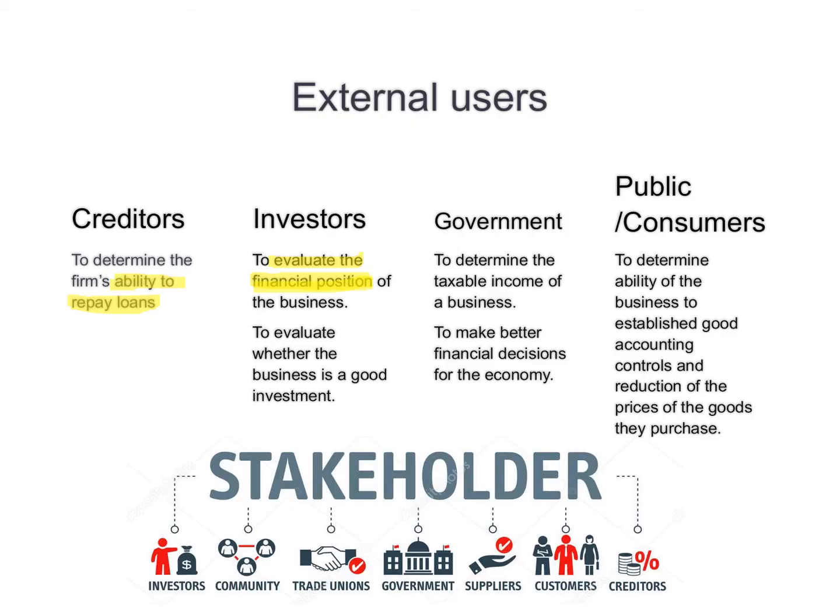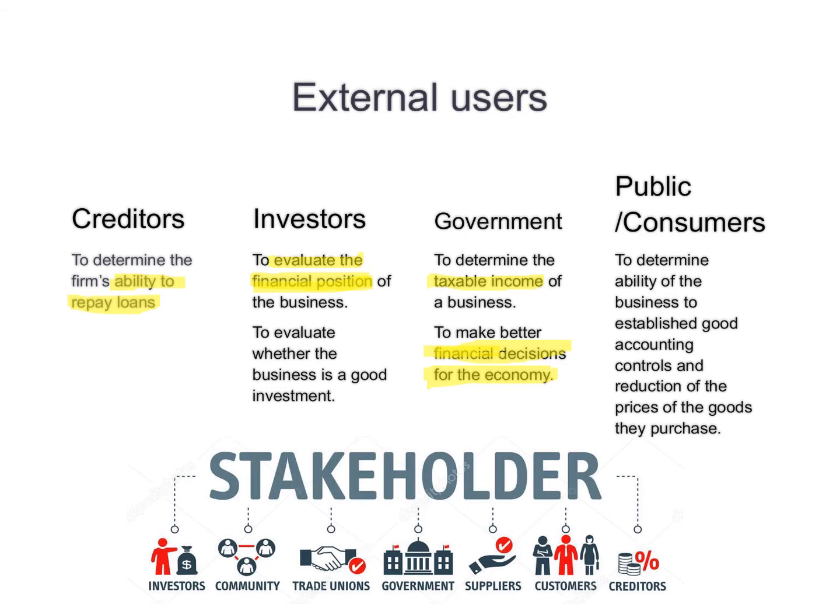Ataupun kalau dia dah invest, dia nak jual lah saham dia. And then the government adalah as usual, dia nak tentukan taxable income and then dia nak make financial decisions for the economy. So lebih banyak untung company generate, lebih banyak dia kena bayar tax. So lebih happy lah government.